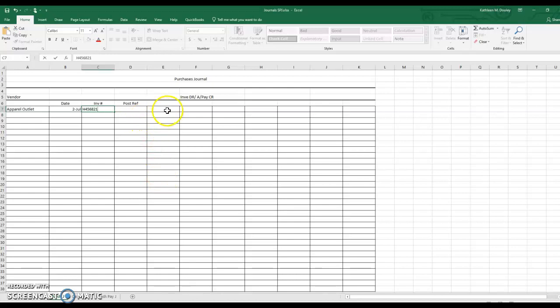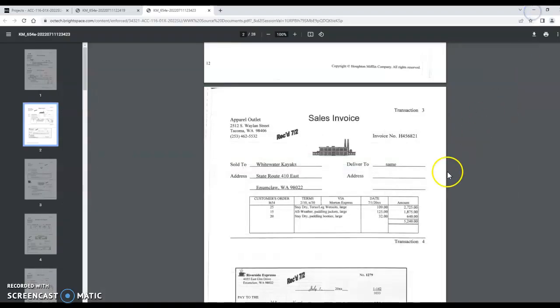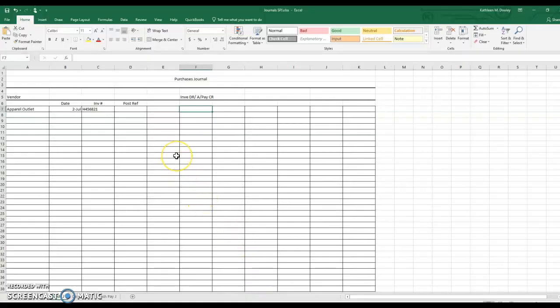And the total amount that we are debiting to inventory and crediting to accounts payable is $52.40. Okay, we're going to want to set up this column to have 2 decimal places.